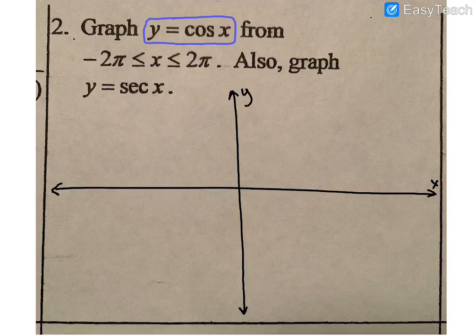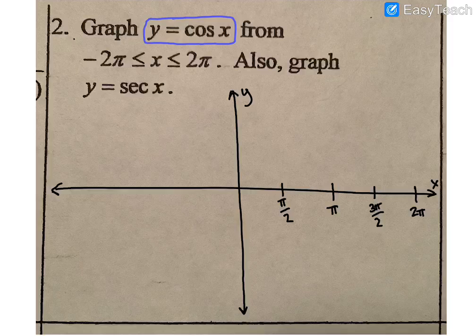So you want to be able to go out 2 pi in both directions. I'm going to go ahead and label that. If you recall how I like to do this, I like to label all the way out to 2 pi. In the middle of 0 and 2 pi is 1 pi. And then the halfway points of that is pi over 2 and 3 pi over 2.